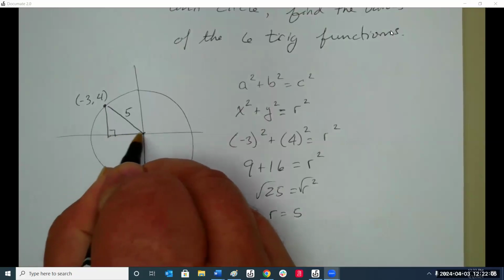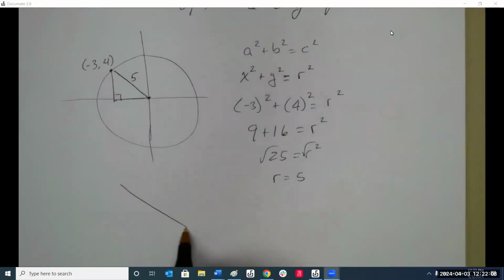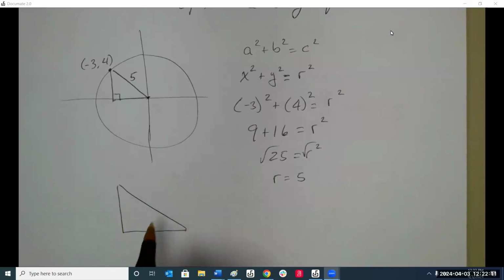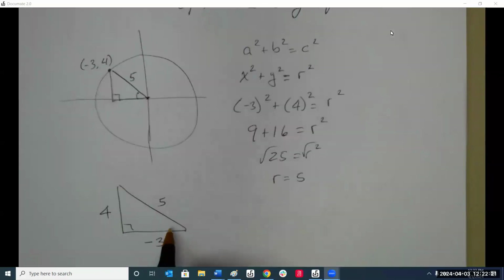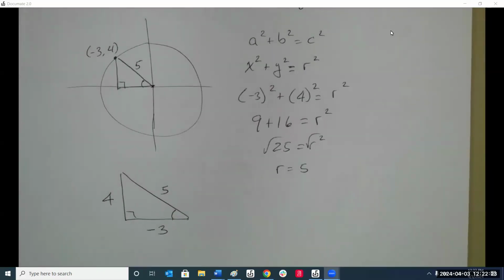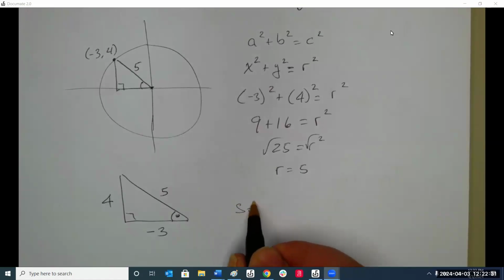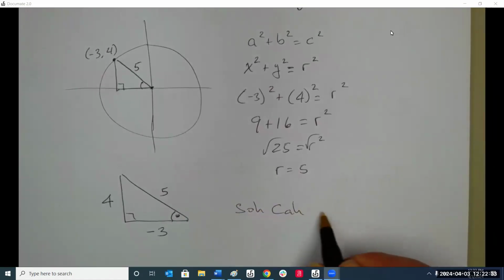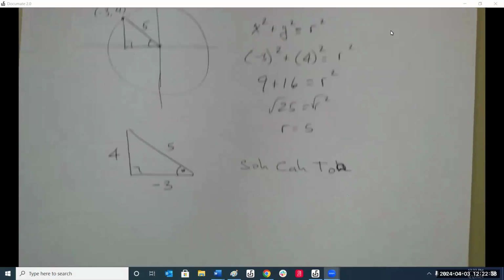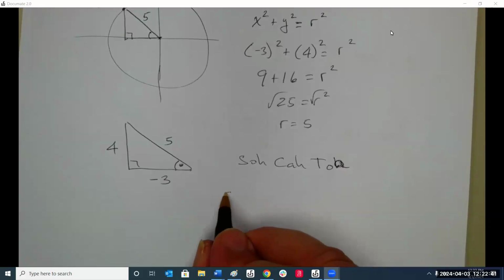So we have our triangle. This is negative 3, this is 4, and this is 5. And since we're doing it from the origin, that's the angle in question. SOH CAH TOA.